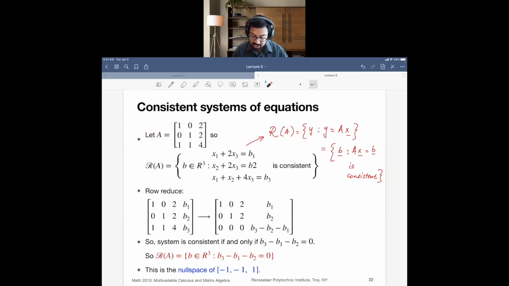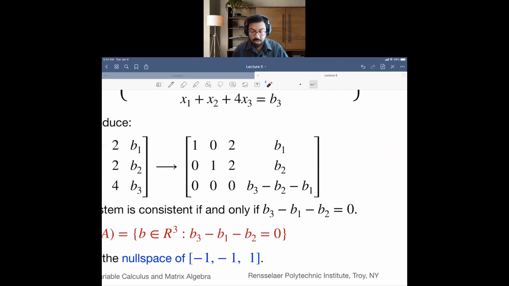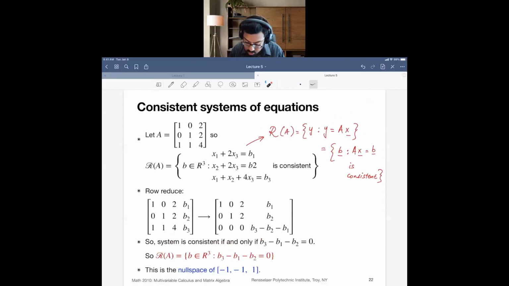And you can see that now you're expressing the range of A as the null space of a vector. So null space of (-1, -1, 1) is also going to be a solution here, right? So if you consider this to be an equation, you can say (-1, -1, 1) times (B1, B2, B3).